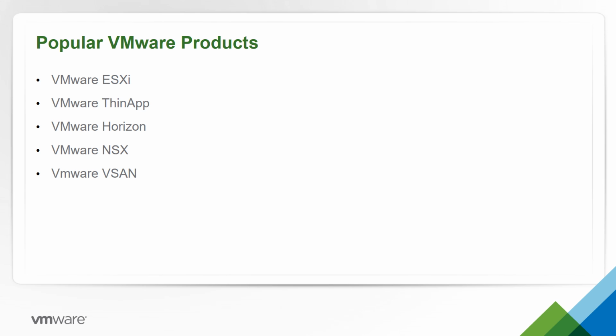For application virtualization, which we haven't spoken about yet, maybe in our second module, we use VMware ThinApp. For desktop virtualization, which we will also cover in module number 2, we have VMware Horizon. For network virtualization, we have VMware NSX, very popular in the market today. And for storage virtualization, we have VMware vSAN.